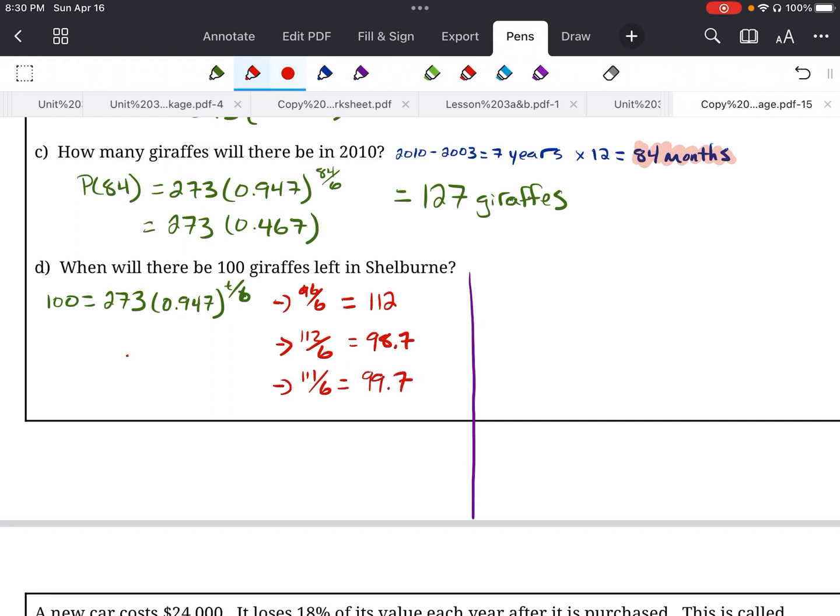So roughly 111 works. Now, this is trial and error. We were able to see above that t had to be greater than 84, and that gave us a starting point. You're not always going to be given that information, so trial and error can take a long time to do. The other way we're going to look at is called logarithms.